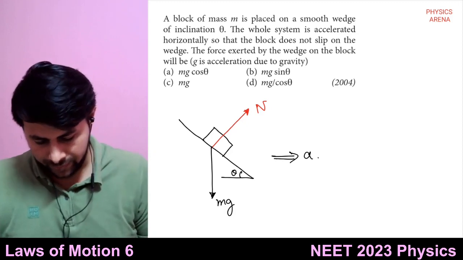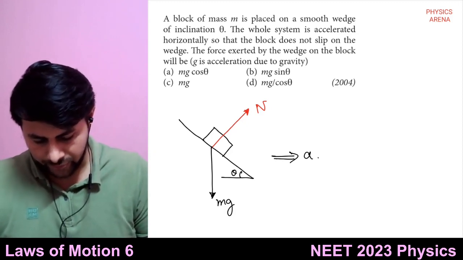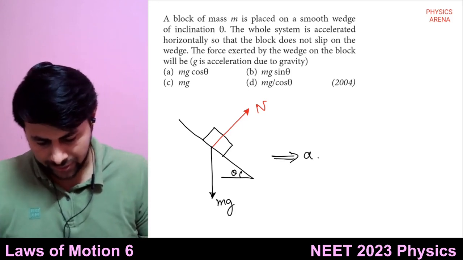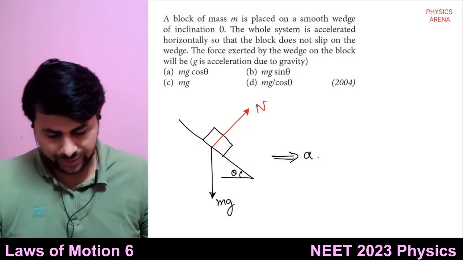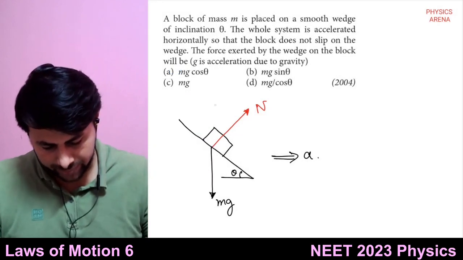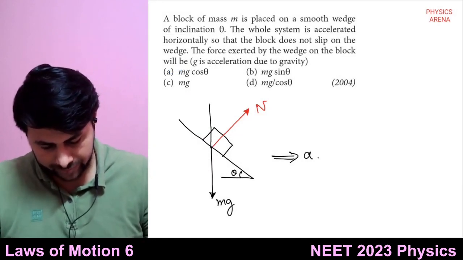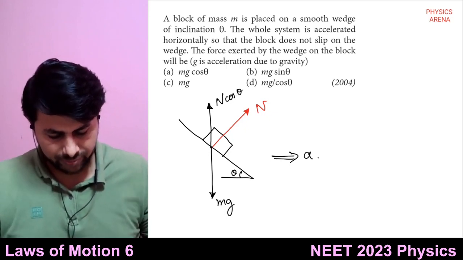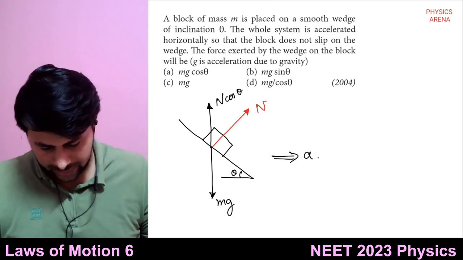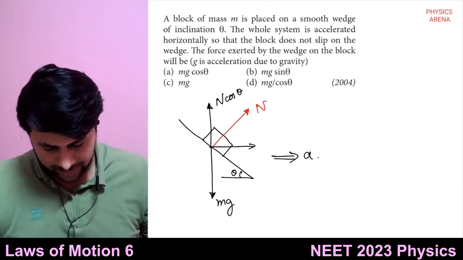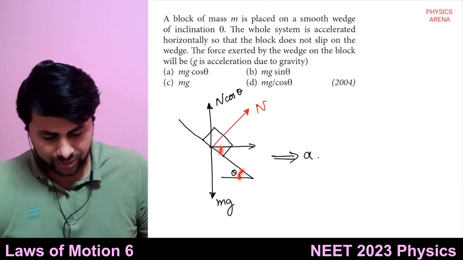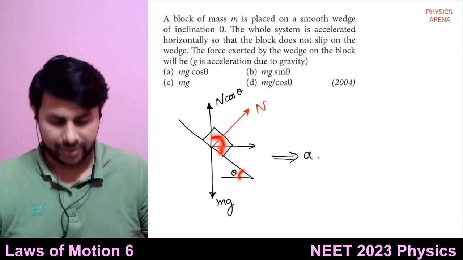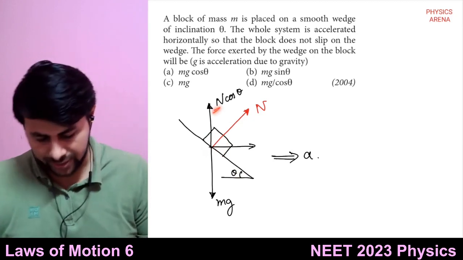Okay, so now what we can say here is we can resolve N along two components just like the previous problem. So this component will be N cos theta because this angle is theta. So this angle will be theta. This is 90 minus theta. So this will be theta. So this component is N cos theta.